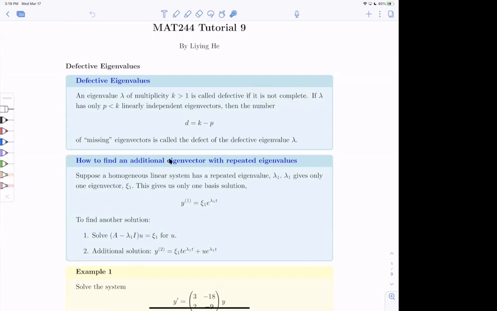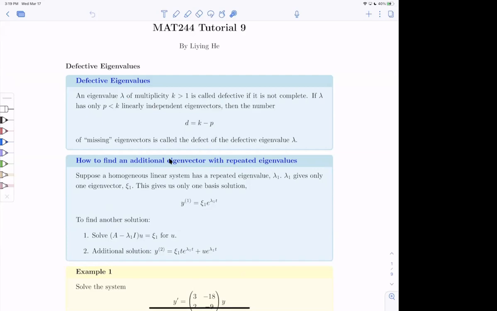The multiplicity is greater than 1, but you cannot find as many linearly independent eigenvectors as you should be able to find. So let's say your multiplicity is 3, but you can only find 2 linearly independent eigenvectors, so you're missing one. In that case, this eigenvalue, lambda, is called defective.